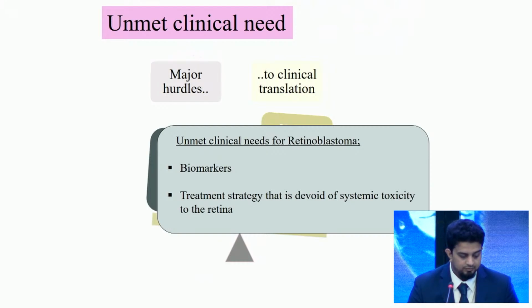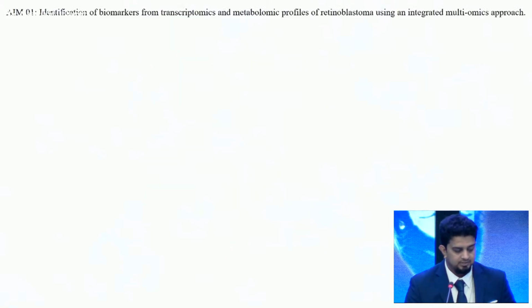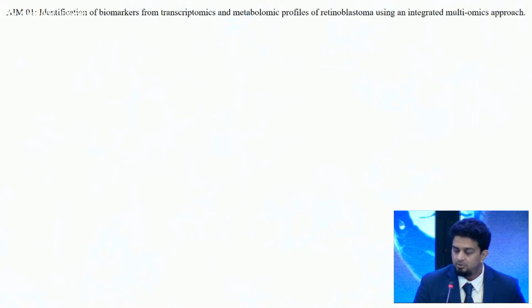In view of these unmet clinical needs, we designed a study where the first thesis aim was to identify biomarkers from transcriptomics and metabolic profiles of retinoblastoma using an integrated multi-omics approach. So what is multi-omics?